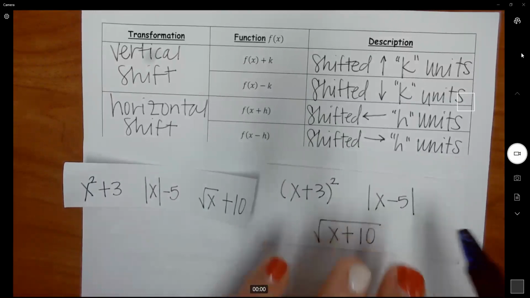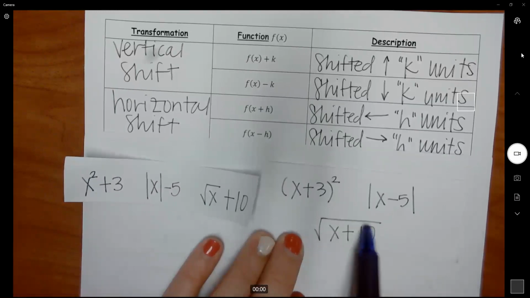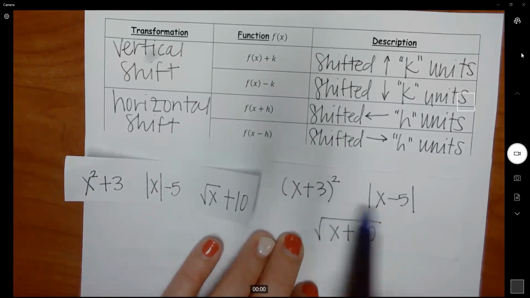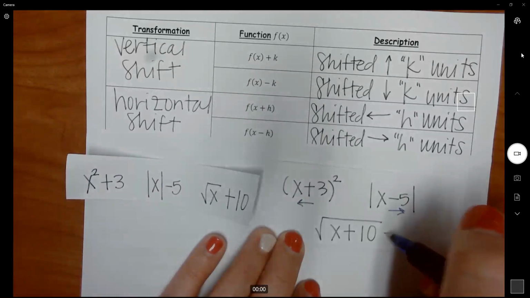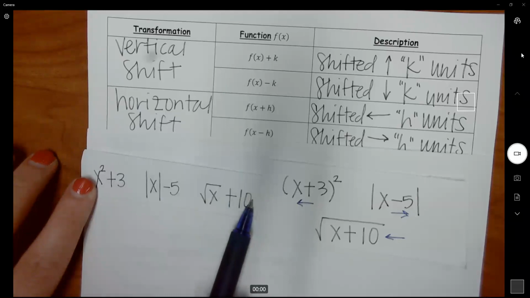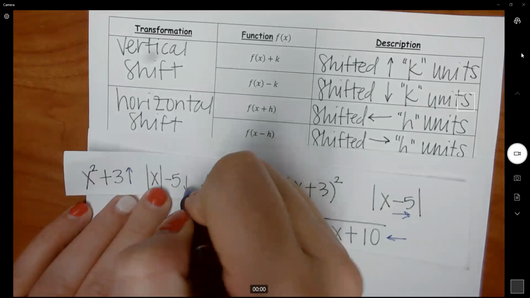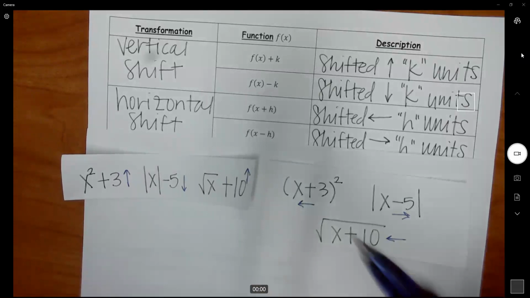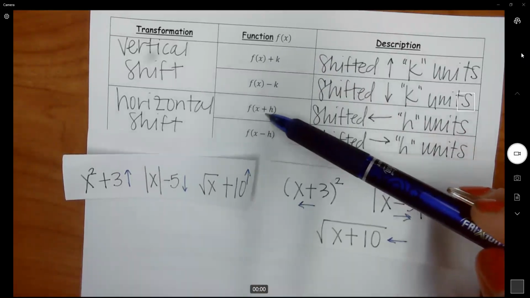You've got the absolute value of x plus 5, all of that's in that absolute value. You've got x plus 10, all part of that square root. So these are getting shifted left and right. This was left, this was right, this was left, while these are being added and subtracted to the back of your functions. So this went up, this went down, and this went back up. Okay, so that's what I mean by f of x plus k versus f of, in parentheses, x plus h.